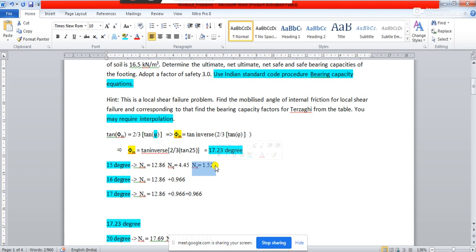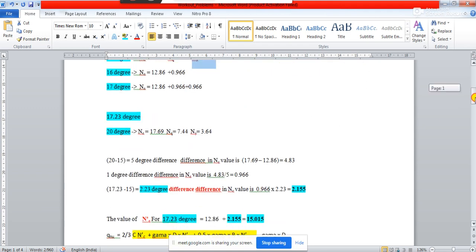So you will have to practice it. It is very simple: take the difference, divide by the angle difference, multiply with that difference, and then add to the initial value, that's all. If you practice once, twice, then it will be very simple.